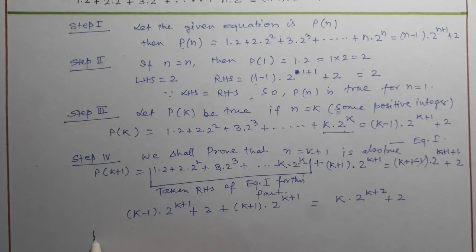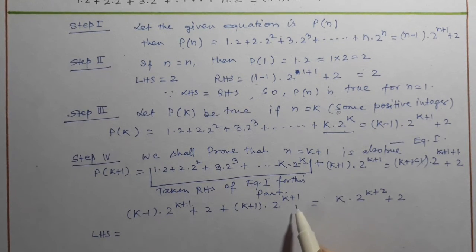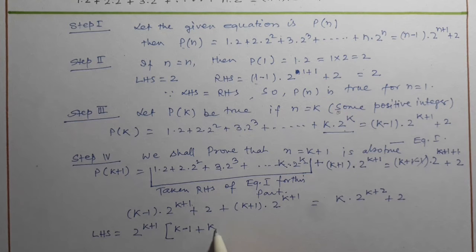So LHS: 2^(k+1) is placed in both the terms, so we shall take it common. It will be 2^(k+1)·[(k−1) + (k+1)] + 2, and this 2 will be kept here.